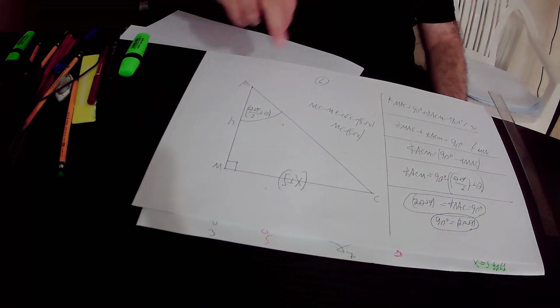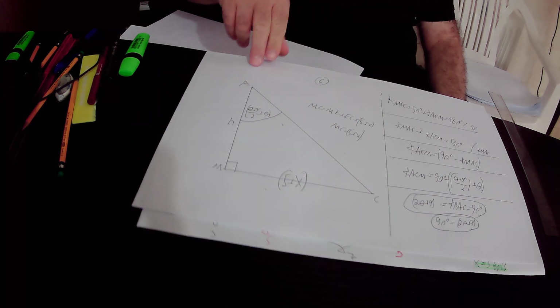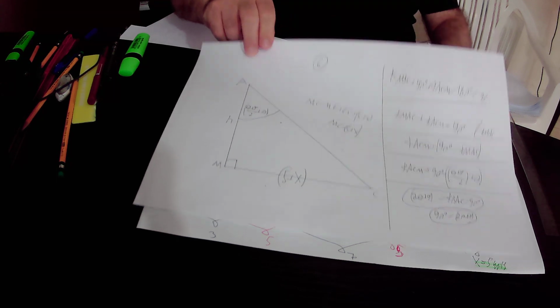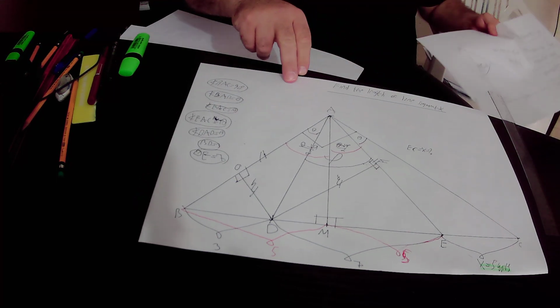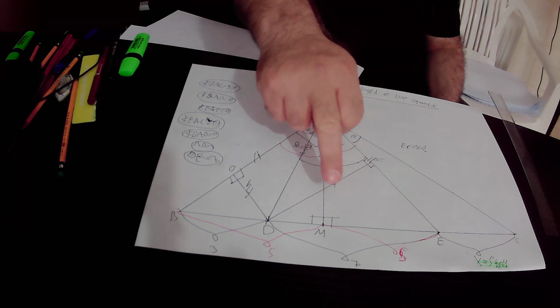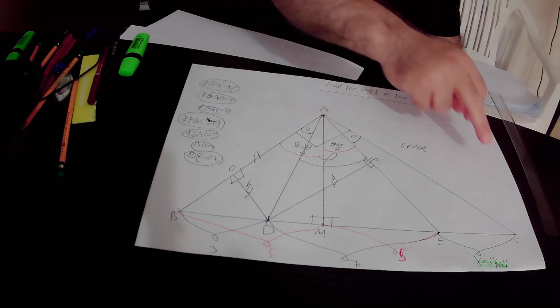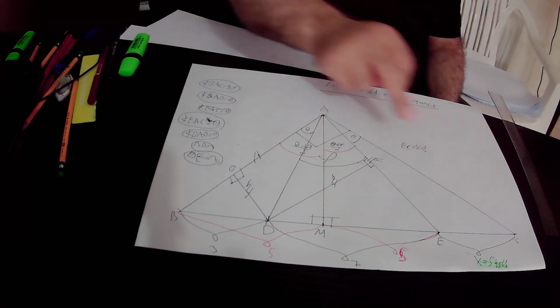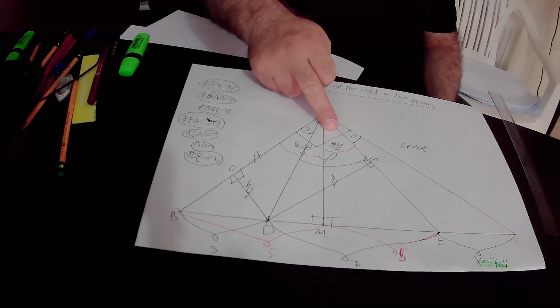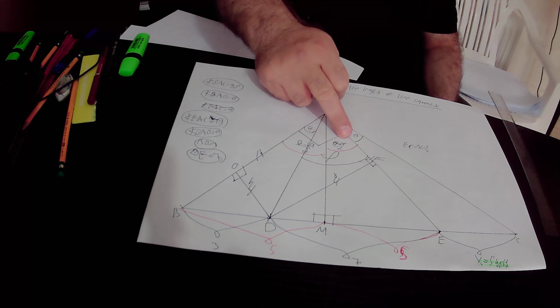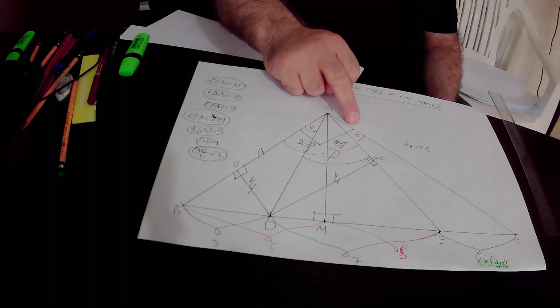This is triangle AMC. What is the value of angle MAC? It is very easy to see from the drawing that angle MAC equals theta plus alpha over 2, the red line, plus theta.